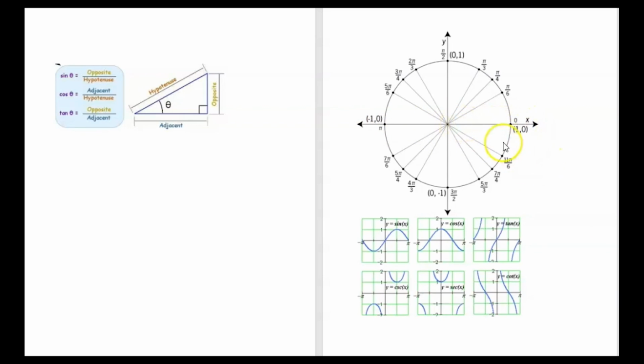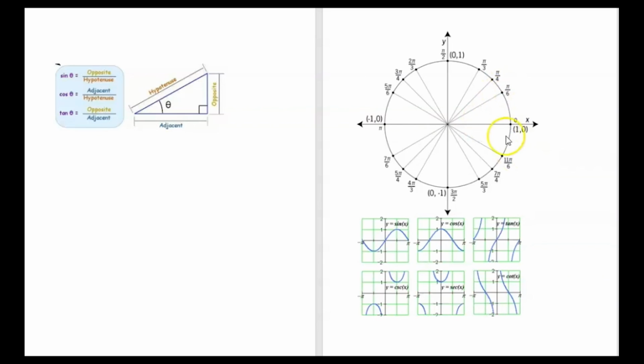So if we were going to describe what the sine value of pi over 6 is, we'd look at this hypotenuse right here and the x value right here, which is currently unknown, and the y value right here.